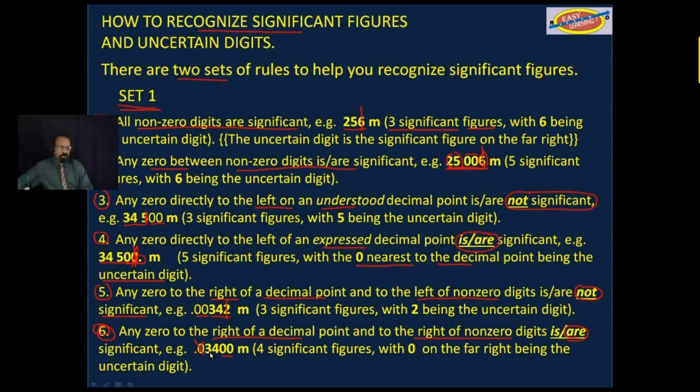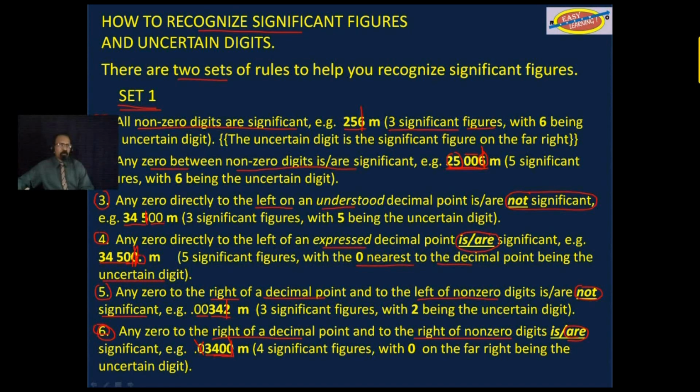But then we look at these two zeros. They are to the right of a decimal point. They are also to the right of a non-zero digit. And so we have 4 significant figures, and the uncertain digit is that 0.